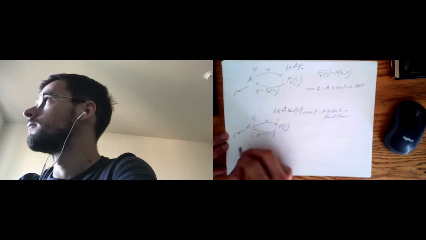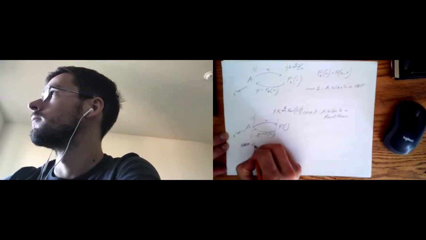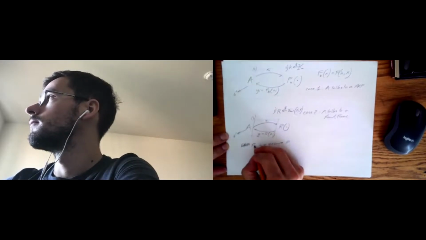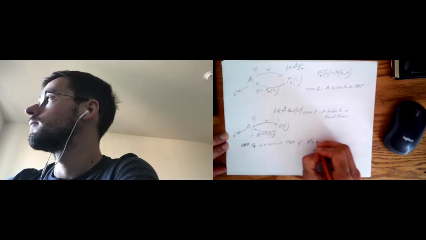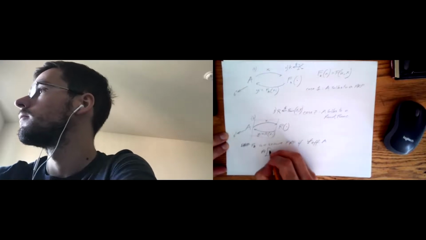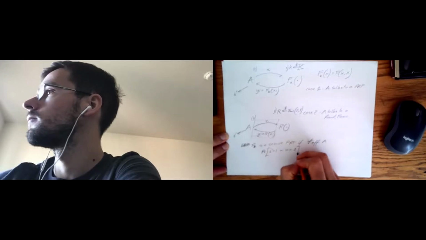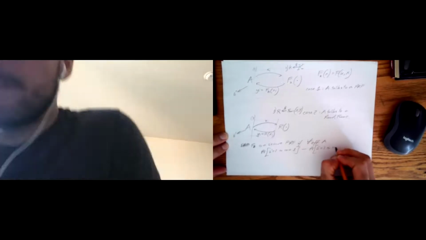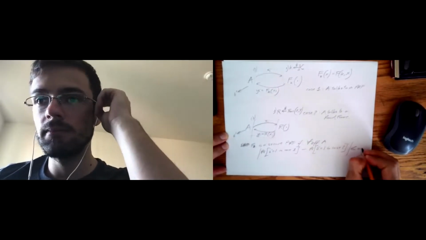We say that F_k is a secure PRF if for all efficient A's, the probability that the output bit is 1 in case 1 minus the probability that this bit is 1 in case 2 is negligible.